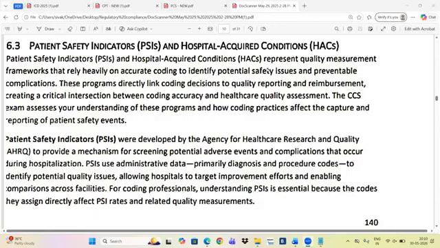Suppose the patient is admitted for surgery, and after the surgery, due to the surgery, they find some complication, a post procedural complication. Post procedural complications developed.